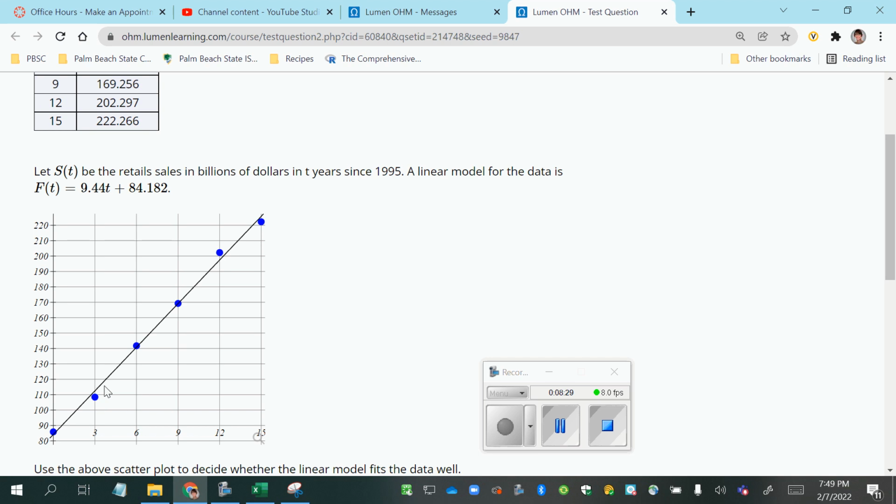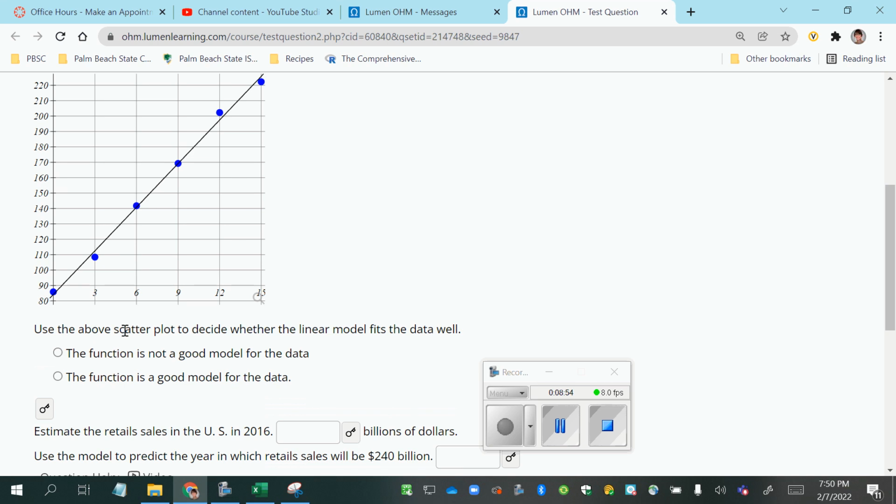And here is the scatter plot of the ordered pairs along with that same line right here, y equals mx plus b, except it's f of t instead of y, and it's t instead of x, but it means the same kind of thing. Y equals mx plus b, that's a line equation. So this line right here that's pretty close to the dots is this actual line equation.